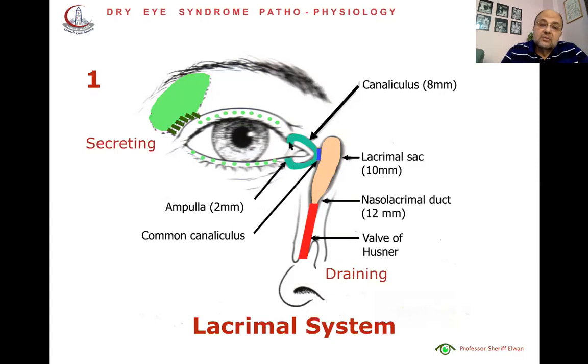The draining part is composed of the papilla with the punctum in its center, with the canaliculi, upper and lower ones, which unite together to form the common canaliculus that opens into the lacrimal sac, extending into the nasolacrimal duct, opening into the lateral wall of the nose below the inferior concha.